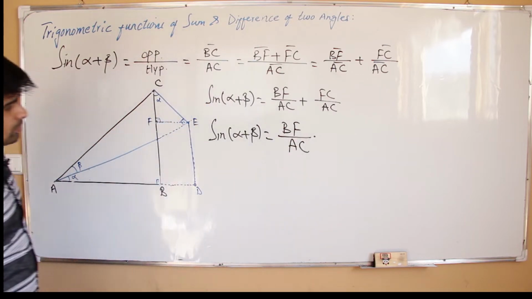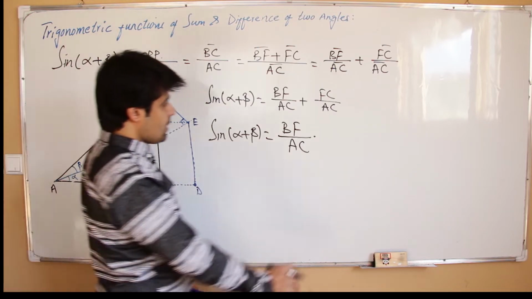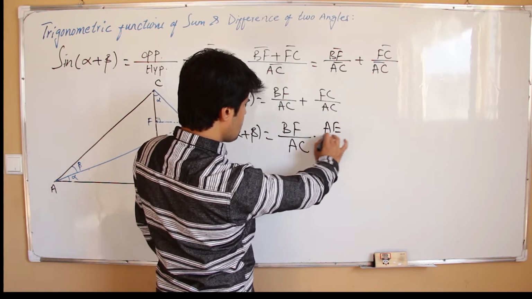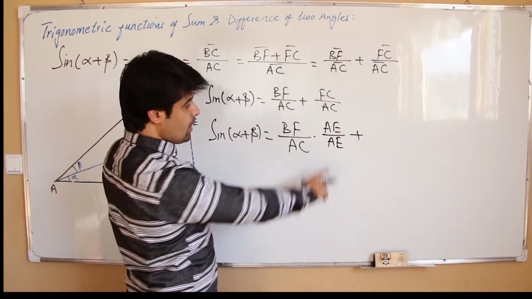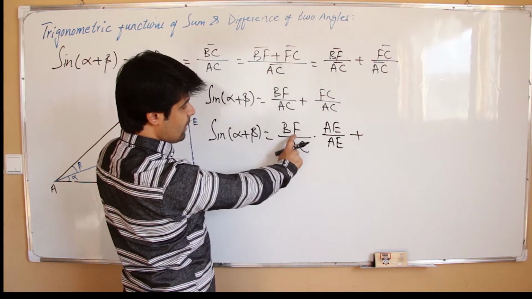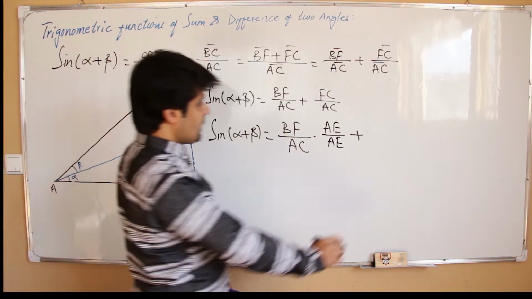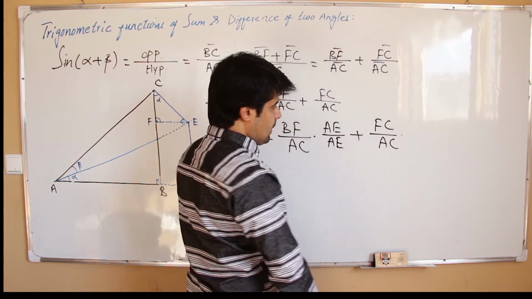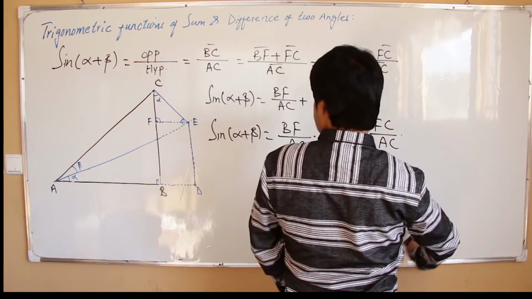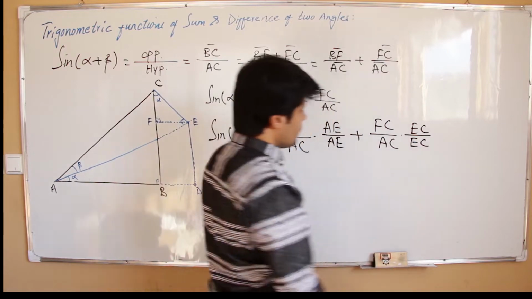Okay, sine of alpha plus beta is equal to BF divided by AC. I want to multiply something in this fraction. What is that? AE. Can I do this? Yes. AE with AE cancels, so we have BF and FC. The next one, FC by AC: I want to multiply this by EC by EC. Can I do this?